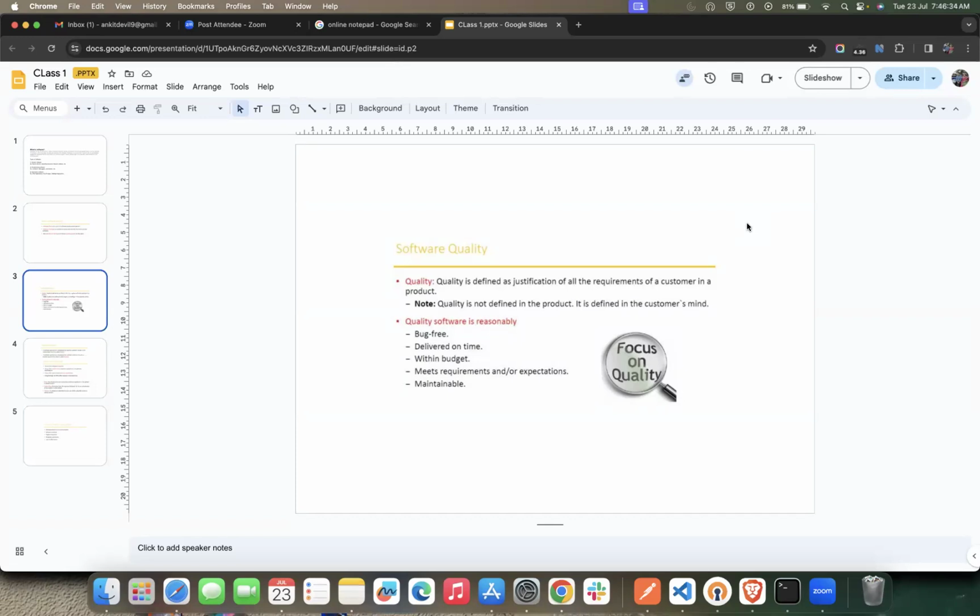And when the intended purpose is formally agreed upon by the customer and the organization that is developing the software, we set certain benchmarks: this software should contain this amount of functionality and it should have these features. So we need to make sure that the software has all the features that were agreed upon by the customer and the organization developing it.